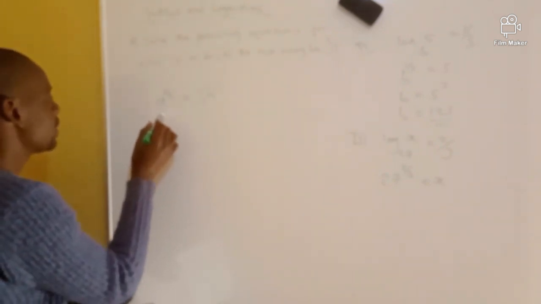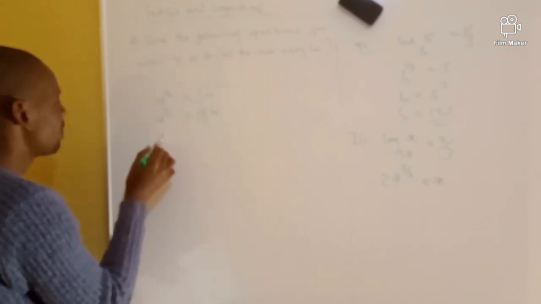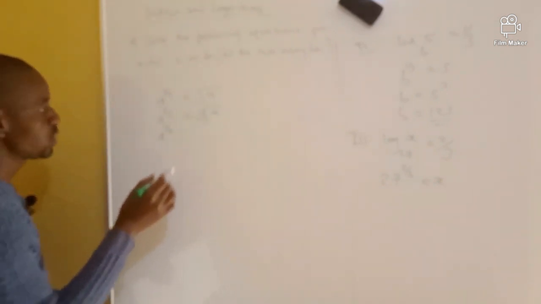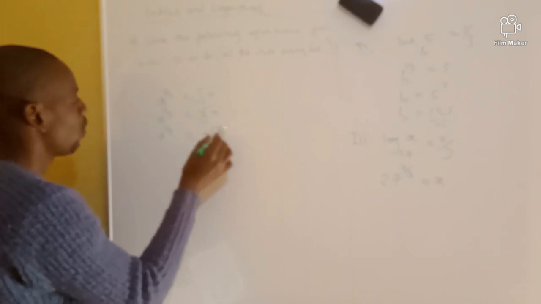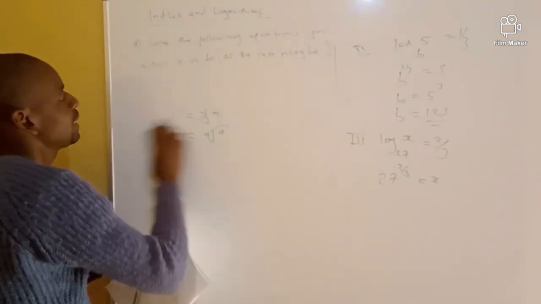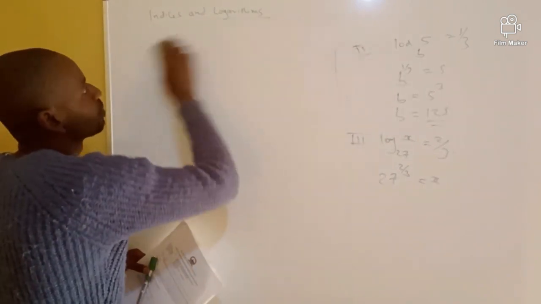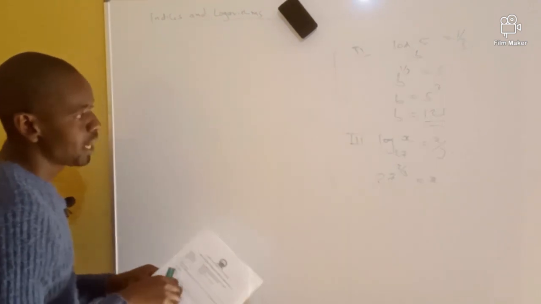When you have a number raised to a third, it's like the cube root of that number. When you have a number raised to a quarter, it's like the fourth root of that number. So that is now what we want to apply just here.